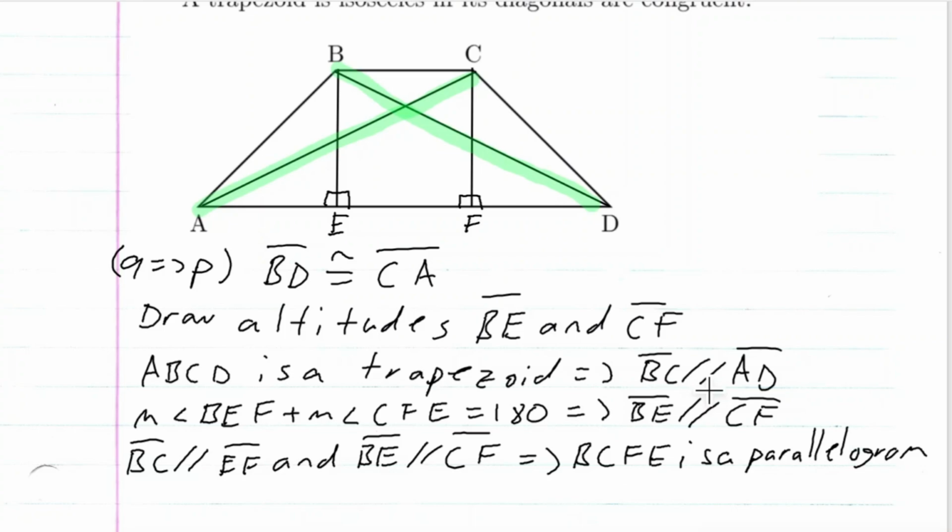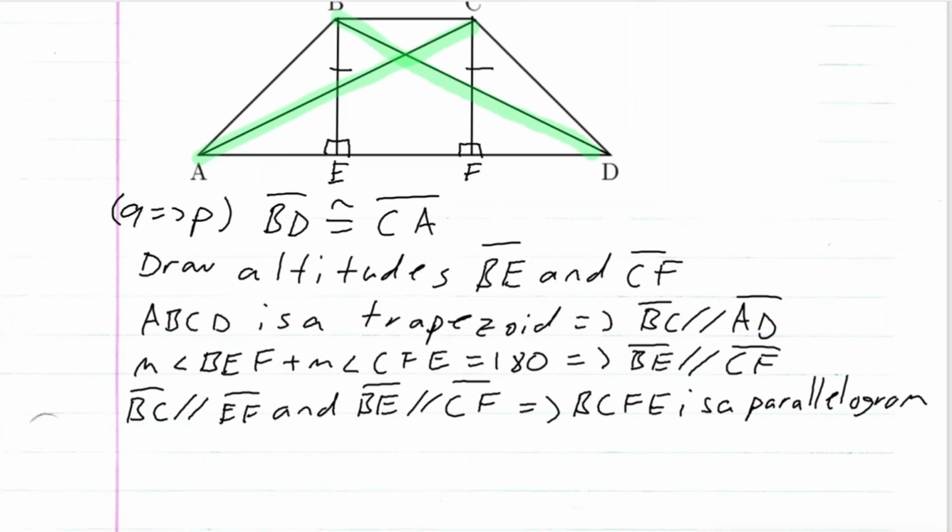Okay. All right. So if it's a parallelogram, that means opposite sides of a parallelogram are congruent. So that means BE is congruent to CF, right? So this, let me go down a little bit. This implies that BE is congruent to CF.